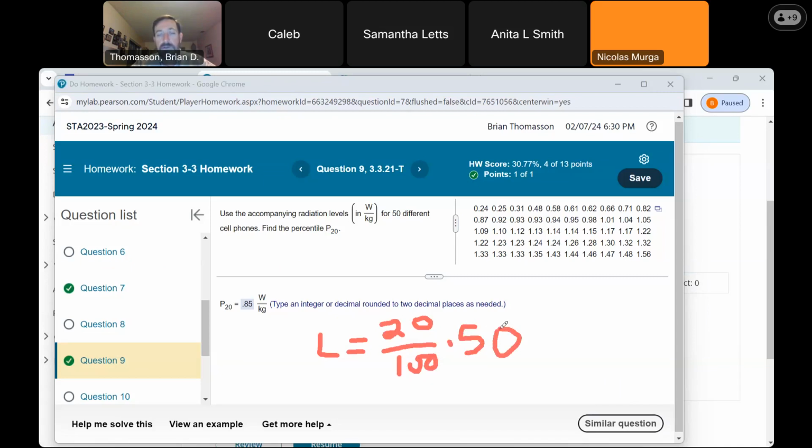So 20 over 100 times 50 turns out to be 10. That is a whole number, so we have to average the 10th and 11th values. Our 10th value is 0.82 and our 11th value is 0.87. If we average those two, we get 0.85.